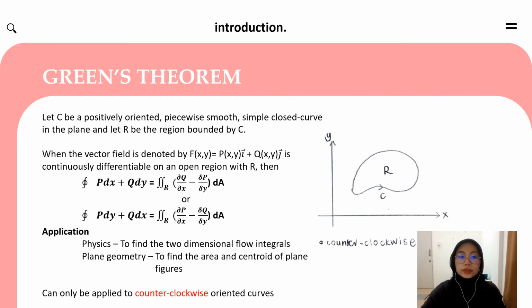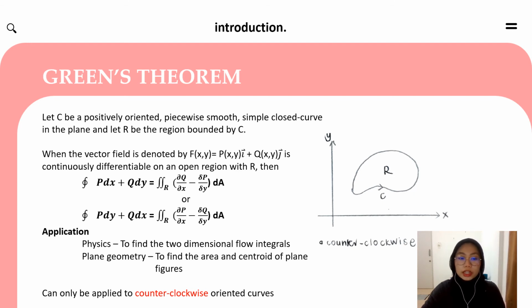Introduction to Green's theorem. Let C be a positively oriented, piecewise smooth, simple closed curve in the plane, and let R be the region bounded by C. When the vector field F(x,y) equals P(x,y) i plus Q(x,y) j is continuously differentiable on an open region containing R, then the integral of P dx plus Q dy equals the double integral over R of (delta Q over delta x minus delta P over delta y) dA.